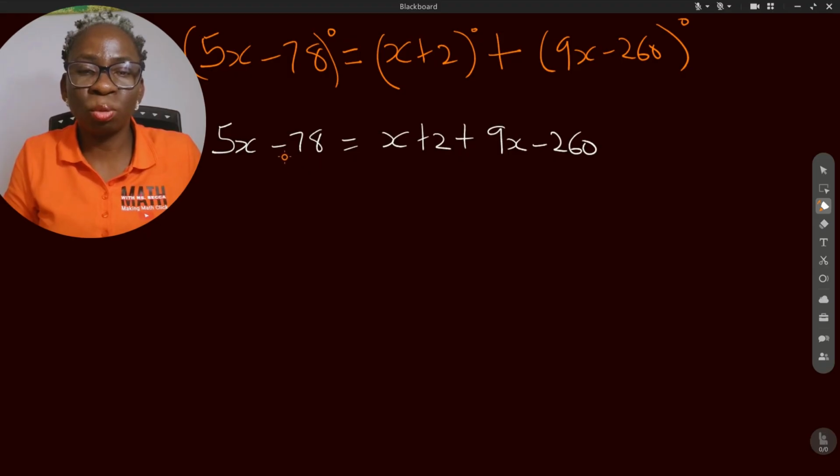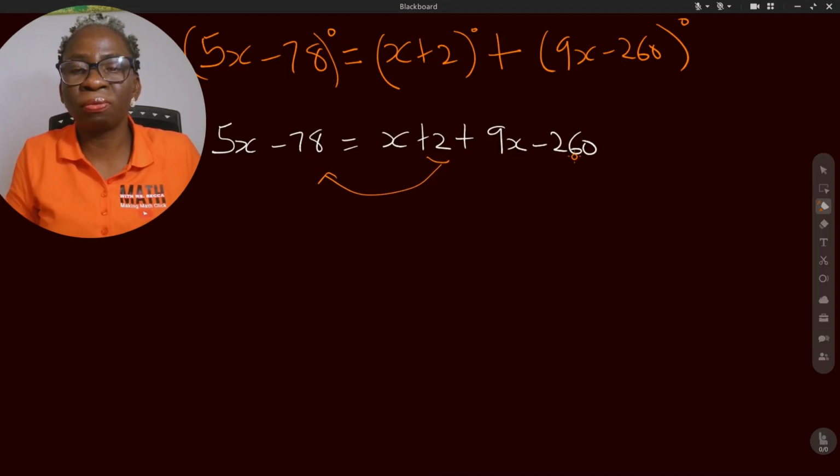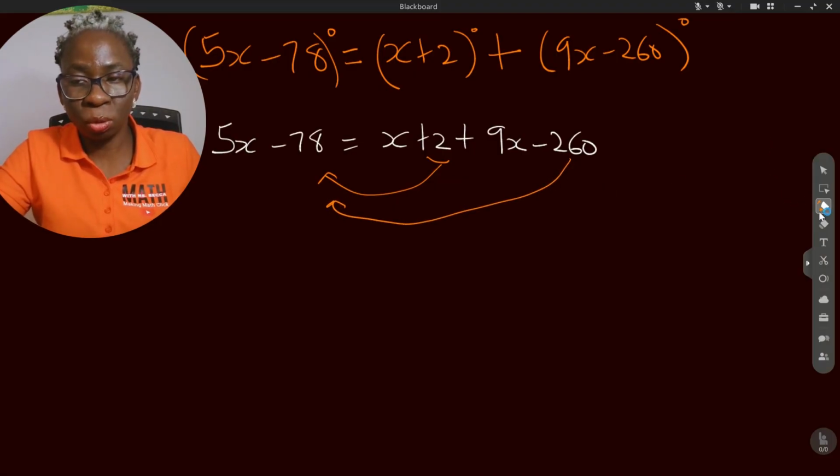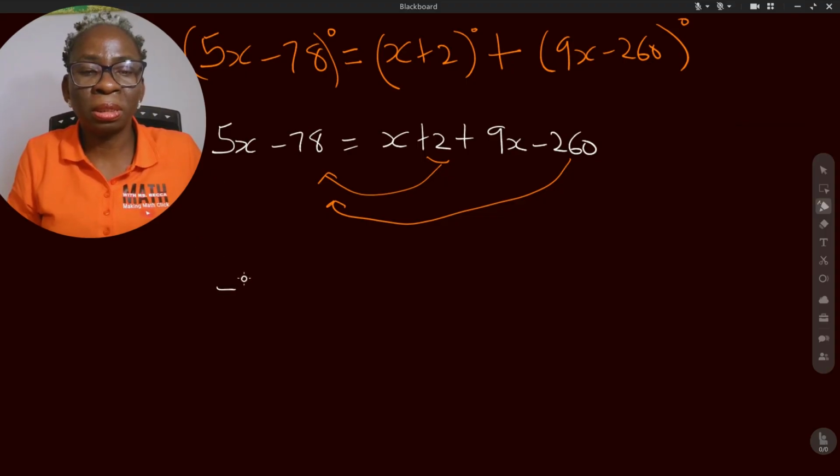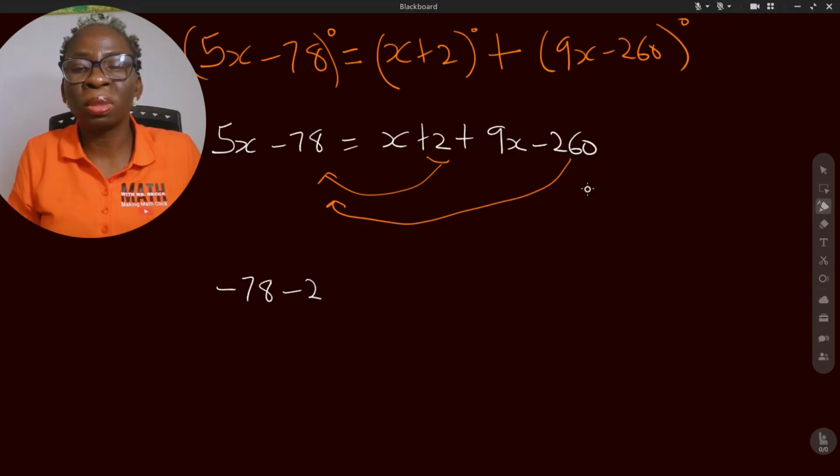So we take this plus 2 to the other side of the equal sign. We take this also to the other side of the equal sign so that we will have negative 78. When plus 2 moves to the other side, it becomes negative 2. Then when negative 260 moves to the other side, it becomes plus 260.